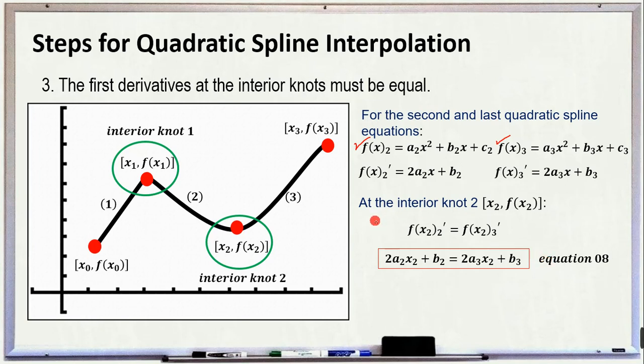Now we only have one equation to be determined, because we need 9 equations, and we have just determined equation 8. So we only need one more equation in order to determine the 9 unknowns.